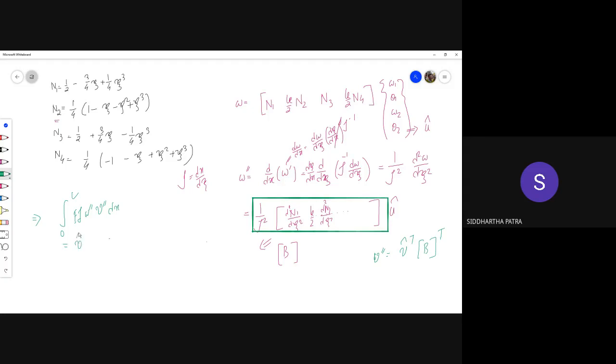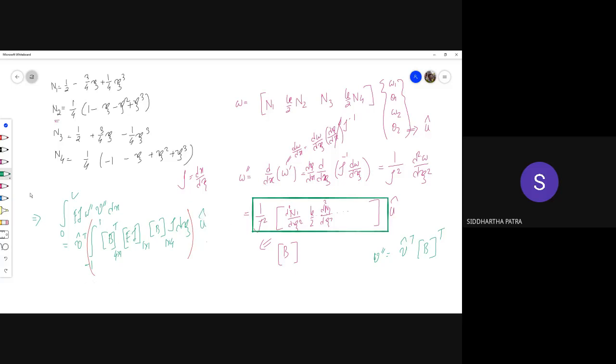So we get V hat transpose, B transpose, EI, B, which is 4 by 1, 1 by 1, 1 by 4, a 4 by 4 matrix, times J d xi going from -1 to 1, and in the end multiplying with U hat.